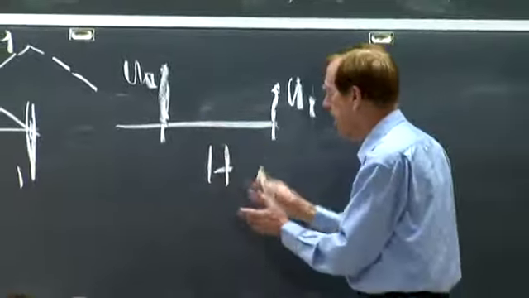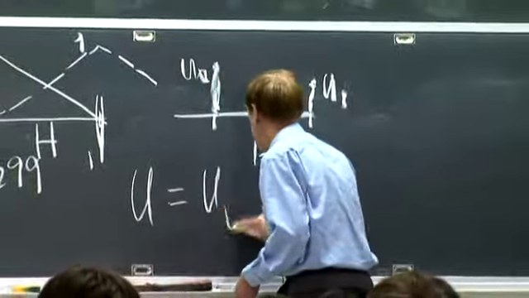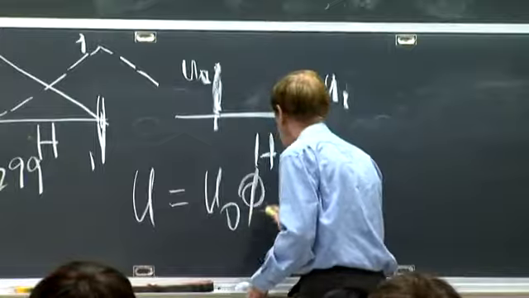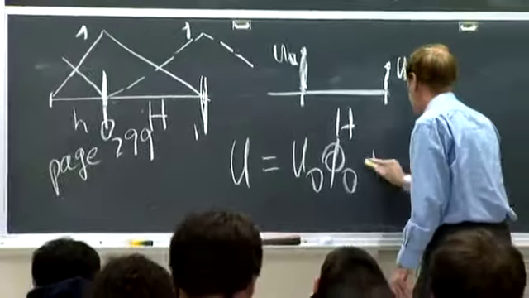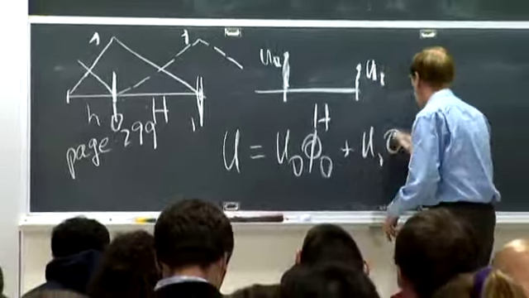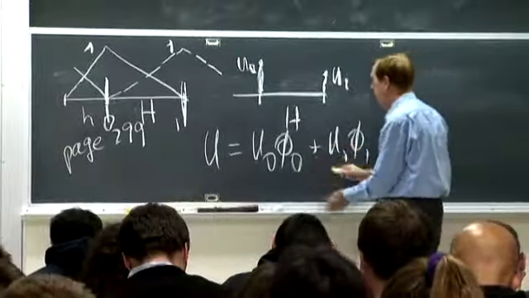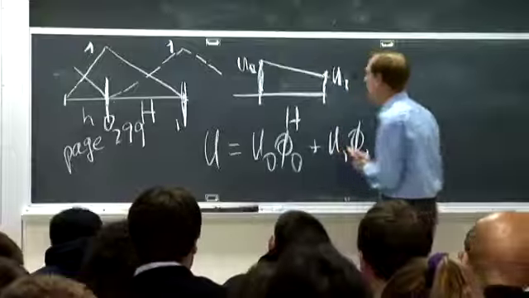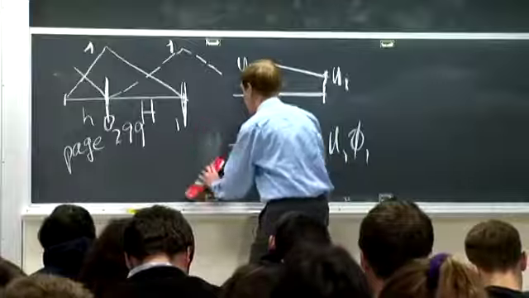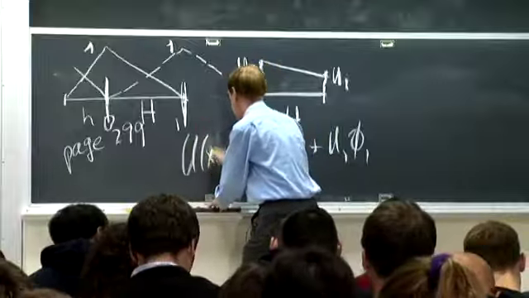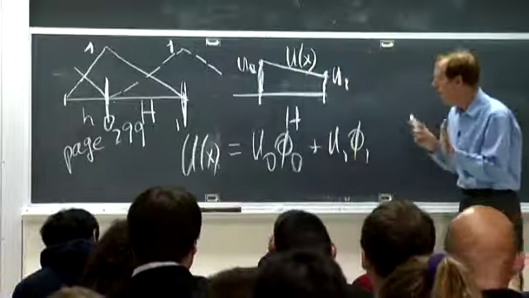But inside this interval, my u is u0 times that first hat function, the phi0, the coming down hat, plus u1 times the phi1 function, the going up hat. It's a linear function. That's my graph of u of x.